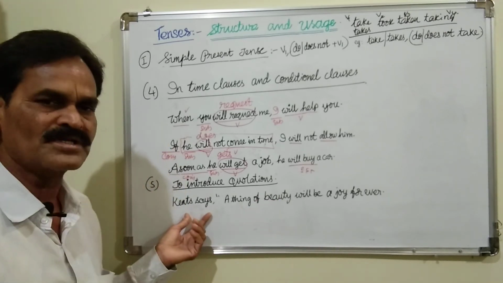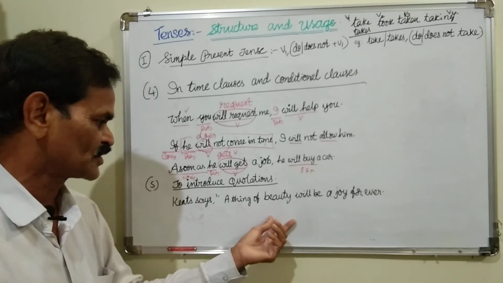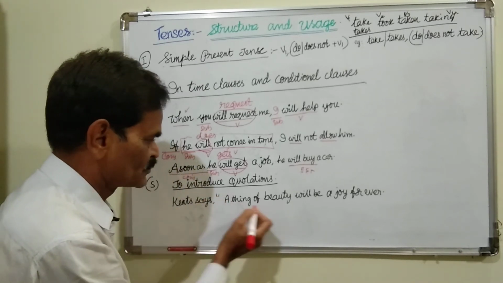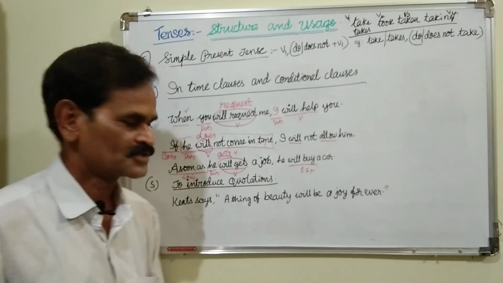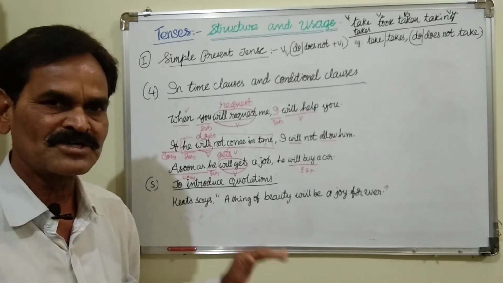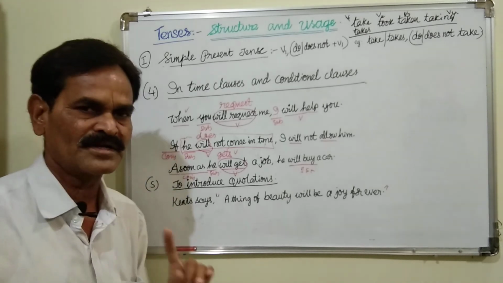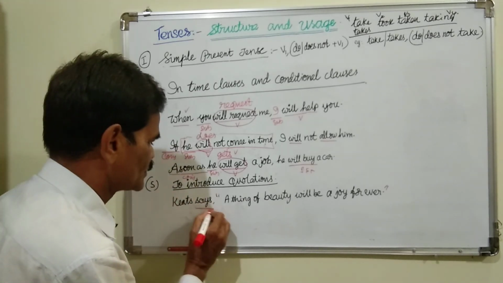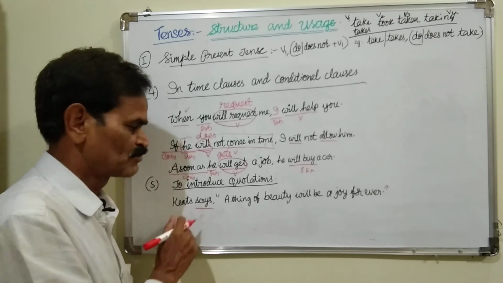Suppose Keats is a great poet, and we are using his words, this is called a quotation. That's why we put Keats's saying in inverted commas. When we introduce a quotation, it must be only in simple present tense, not in simple future, not in any other tense. Keats says, we don't use said here, says or say, simple present tense.